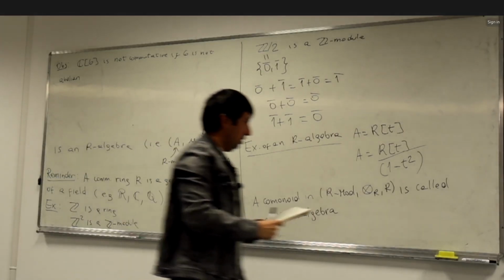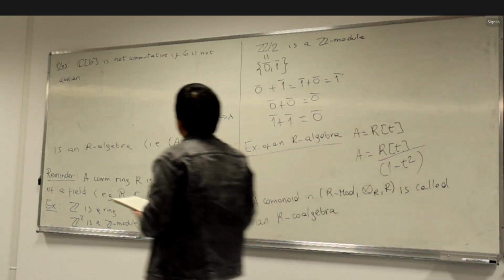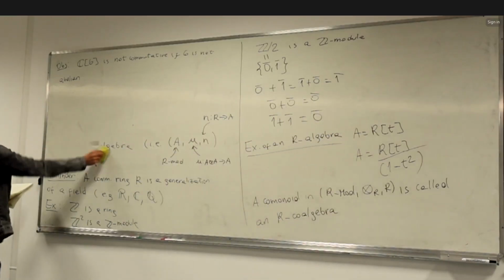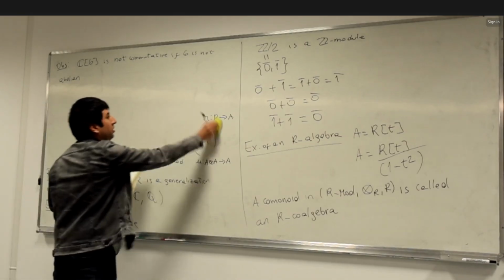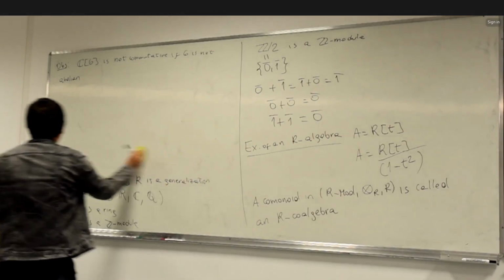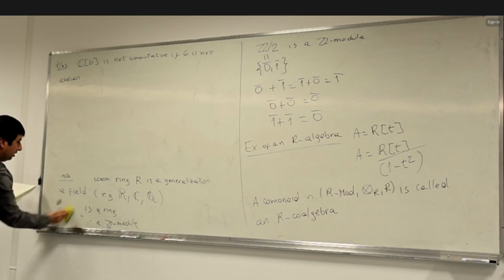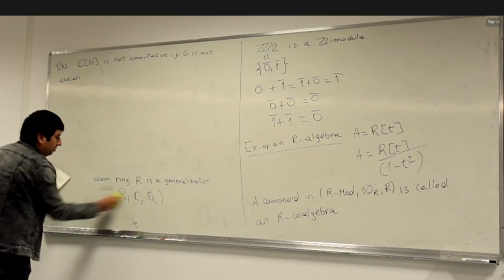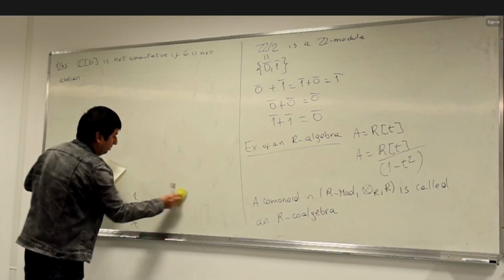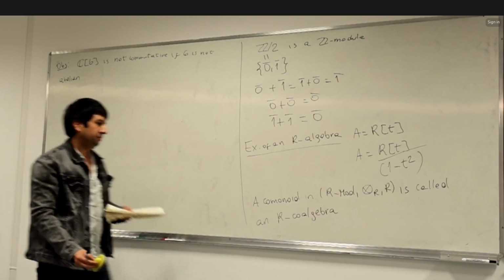Okay, now we are almost ready to define the notion of a Frobenius algebra in the context of basic algebra. Then we will generalize it for general symmetric monoidal categories.